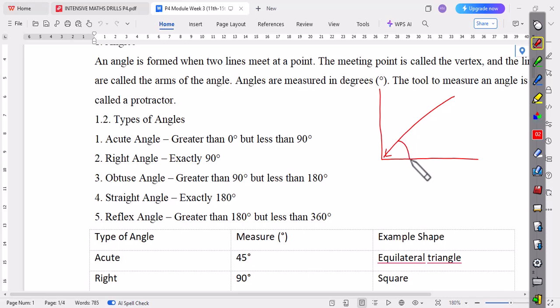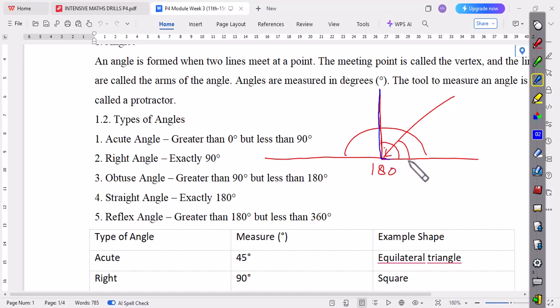And we have a right angle, a kind of angle that is exactly 90 degrees, just like what we have drawn, this one. Yeah, this is the right angle. And obtuse angle. Obtuse angle is a kind of angle that is greater than 90 but less than 180. So 180 is a straight line. So this is 180. You can write this one 180. And this is the right angle.